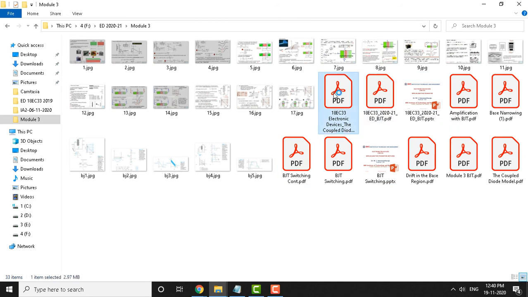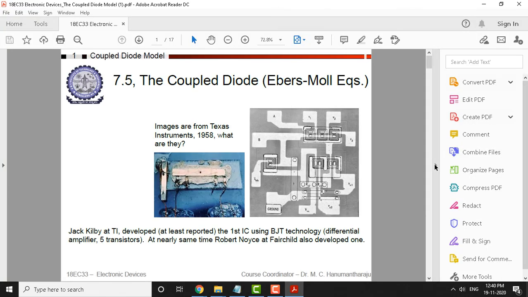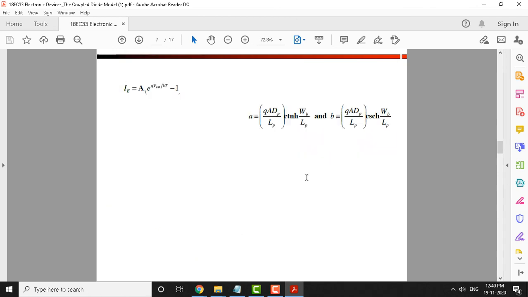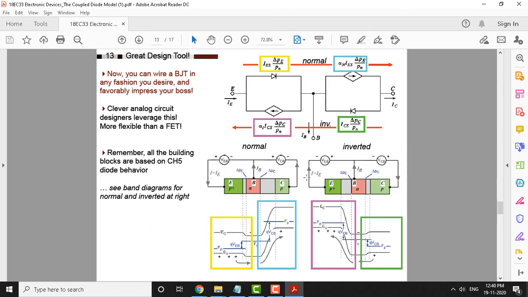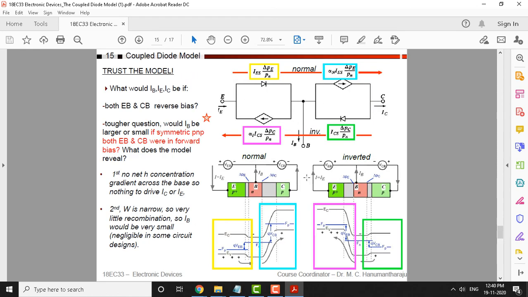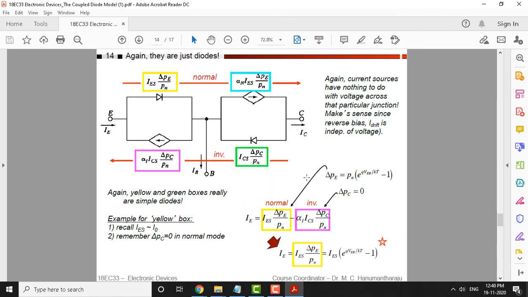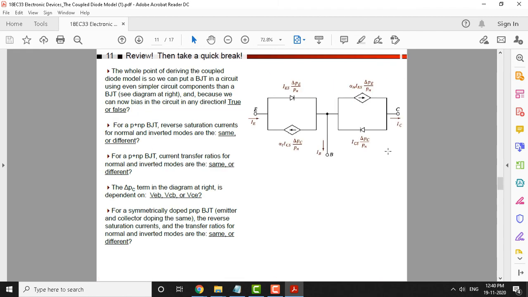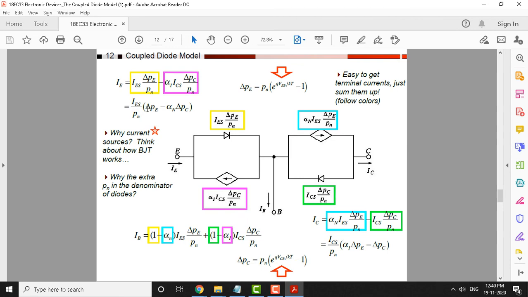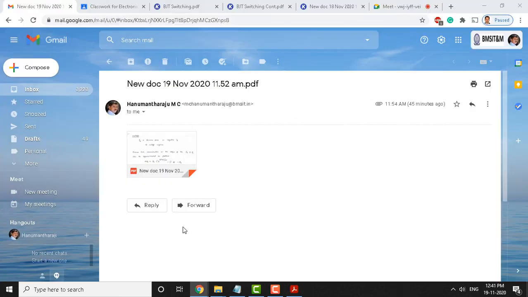This slide is not uploaded in Google Classroom, but you can see the final equations of this. Now you can see these equations, the same equations I am showing here.